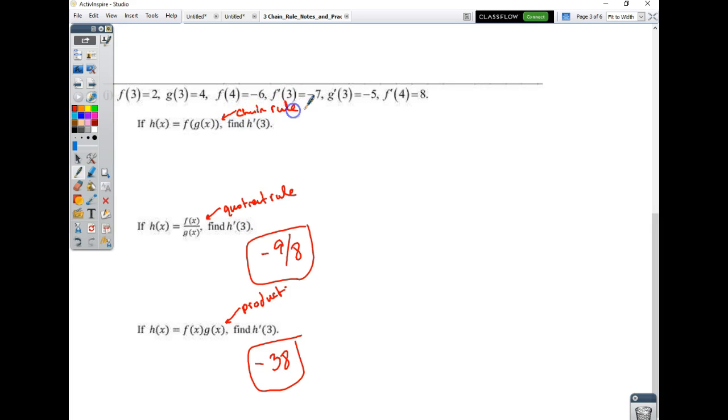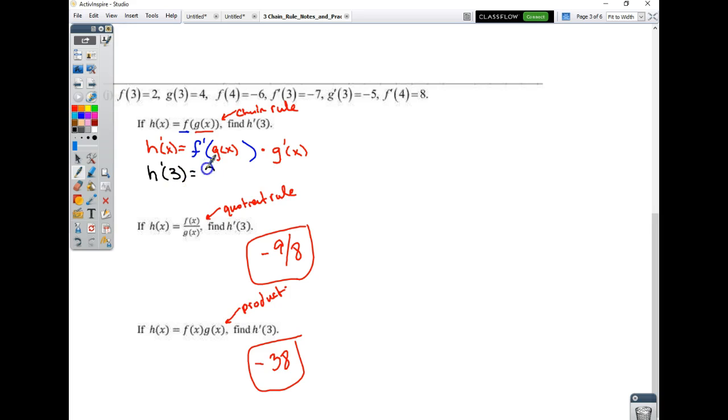chain rule. All right. If I want to find h prime of 3, I have to take the derivative of h. If I take the derivative of h, I notice that this is an f times the g of x. My outer function is f. My inner function is g. What is the derivative of f? F prime. So this is the f prime of g of x times g prime of x. What am I trying to find?